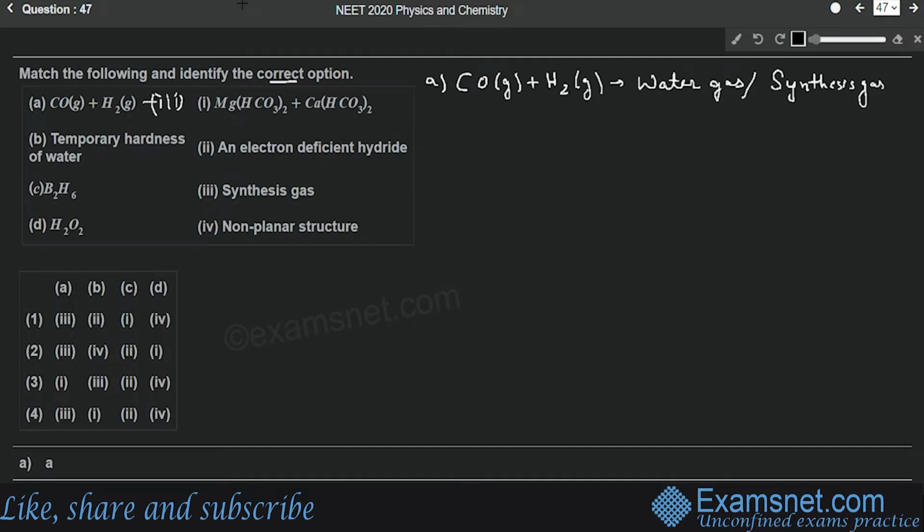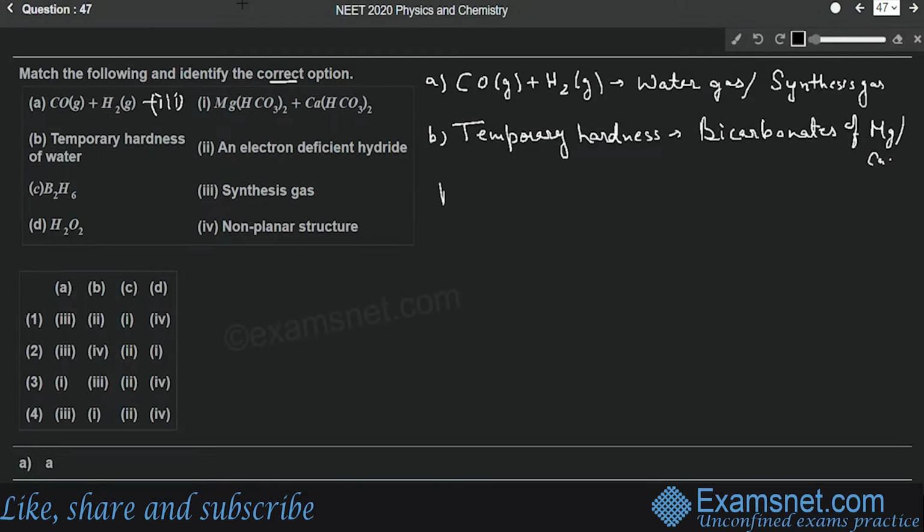Now we come to the second one. It is temporary hardness of water. So what are the compounds involved in temporary hardness of water? These are the bicarbonates of magnesium and calcium. And these can be removed by boiling, right?